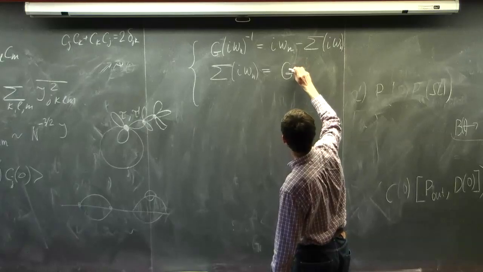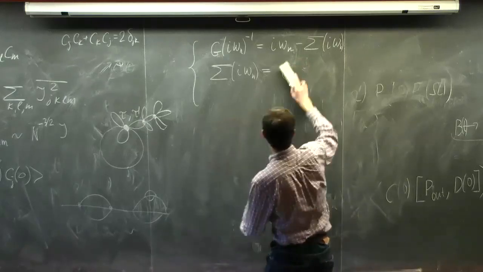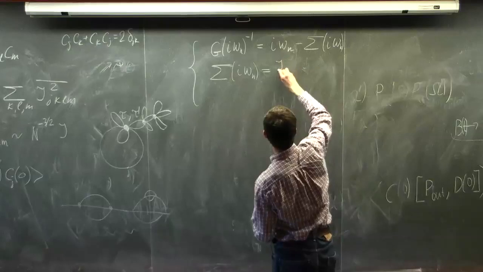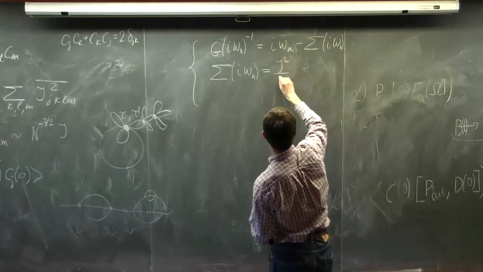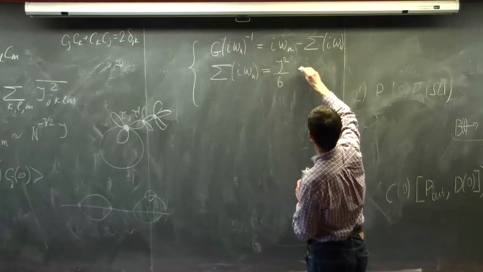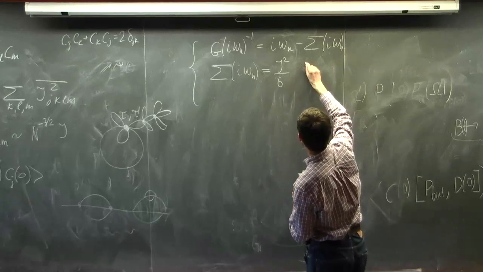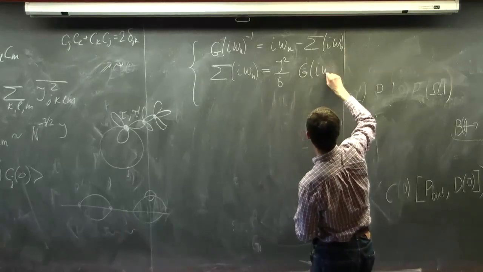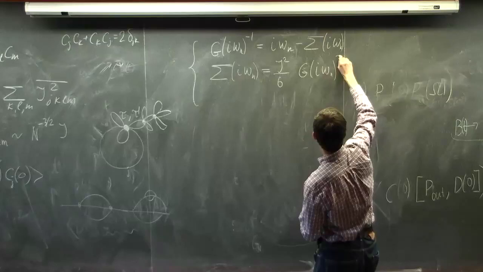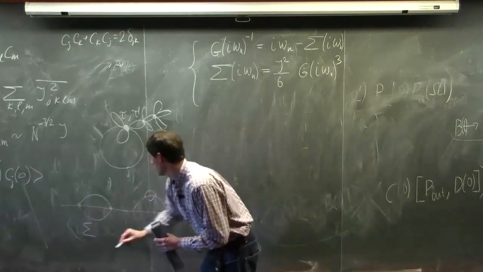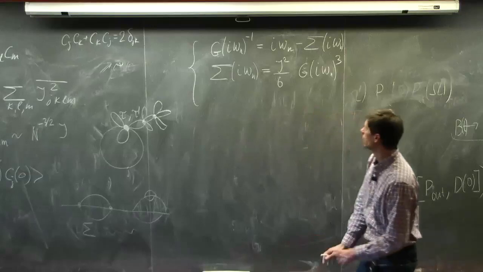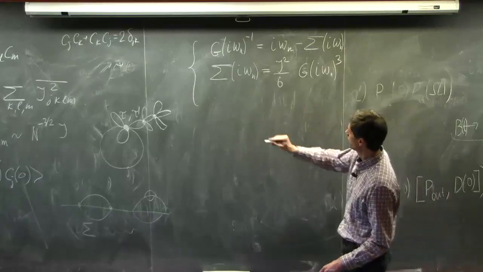Now I should be careful. There is some coefficient in front. I think it's J squared over 6, with a minus sign. And this corresponds to this.